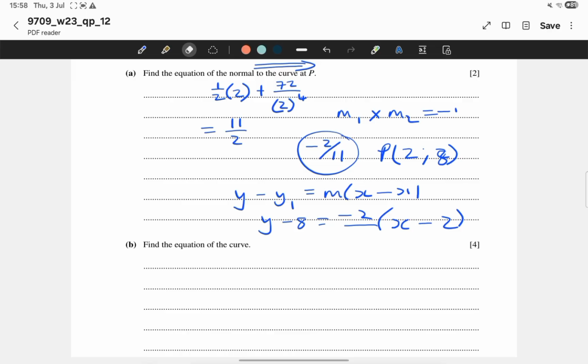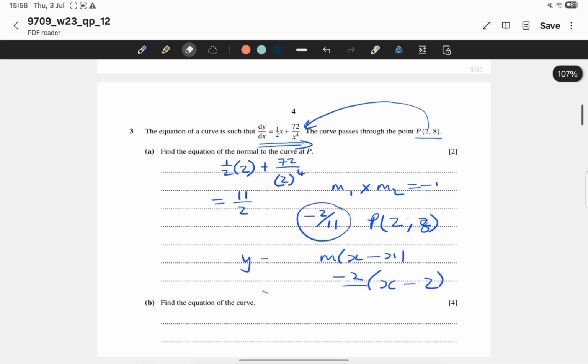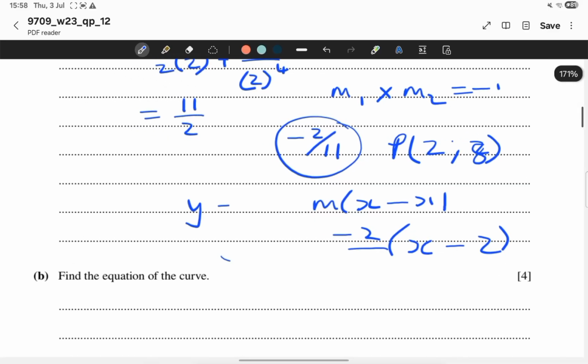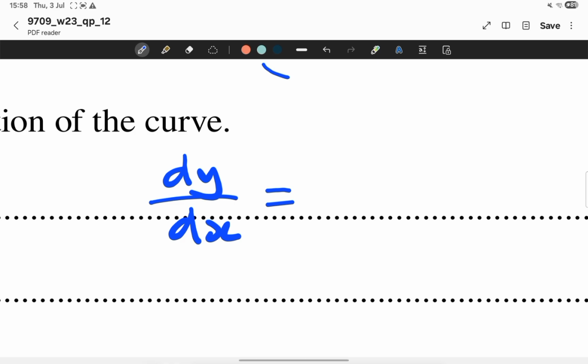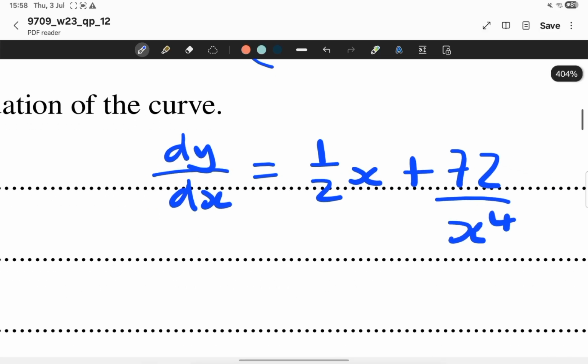So for us to get the equation of the curve, given this dy/dx expression, we know straight away it is integration, right? So we're going to integrate that. So we have dy/dx is equal to half x plus 72 over x to the power 4, right?